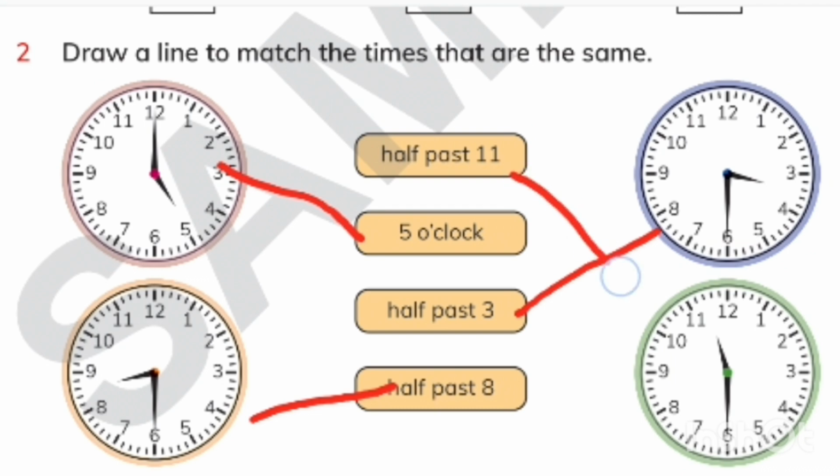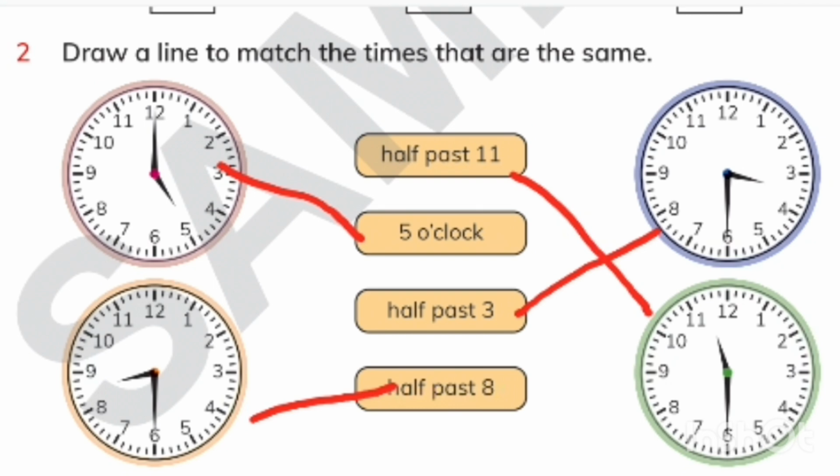Now you can understand easily, because the big needle is on 6 and the big needle is showing the minutes, so we have to multiply 6 with 5. You have to learn by heart the table of 5 if you want to calculate the time. Okay, so that it will become very easy for you.